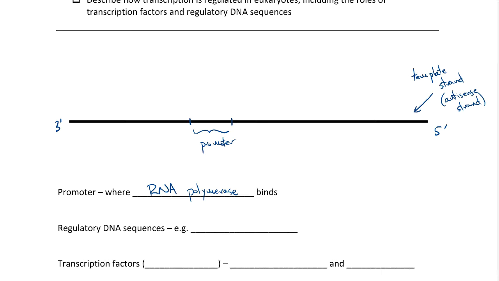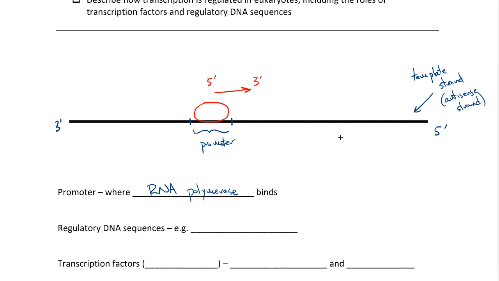So it determines the direction that the RNA polymerase is going to go. So for example, here, the RNA polymerase that I'm showing here in red is going to go in this direction because of the orientation of the promoter and the way that it binds. And it's also telling the RNA polymerase which strand is the template strand. So RNA polymerase is going to move in a 5' to 3' direction.